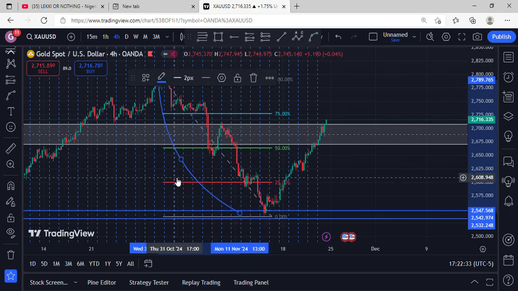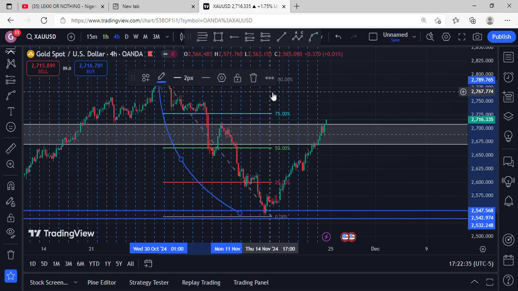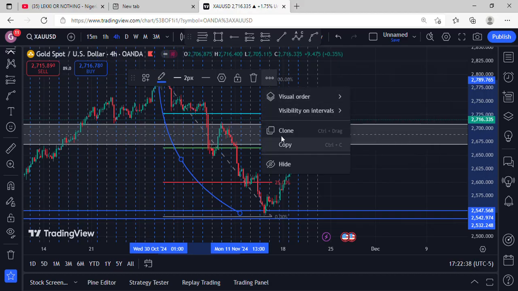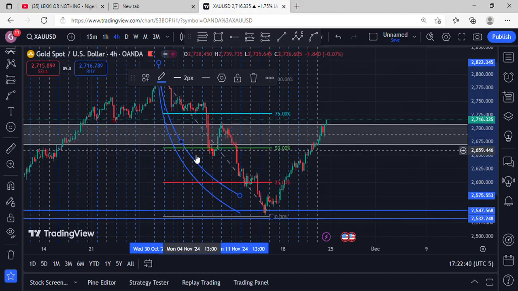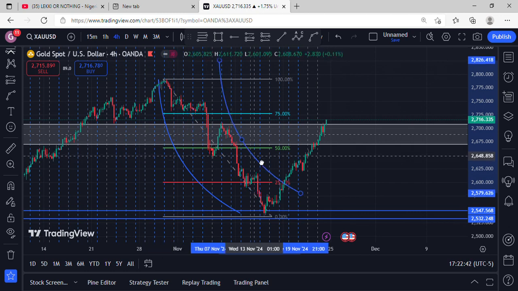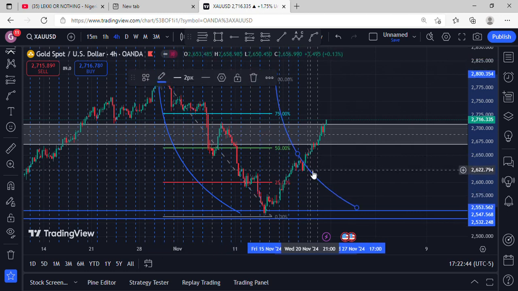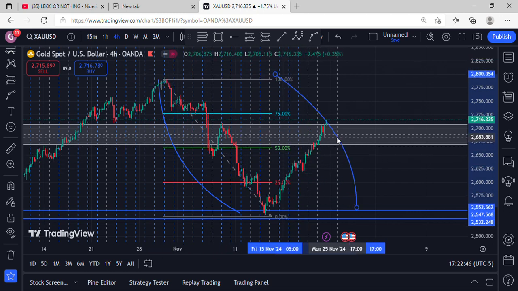This is the market maker buy model. So we have the sell side of the curve, and because we are looking for bullish price action, we know that we are going to form the buy side of the curve.